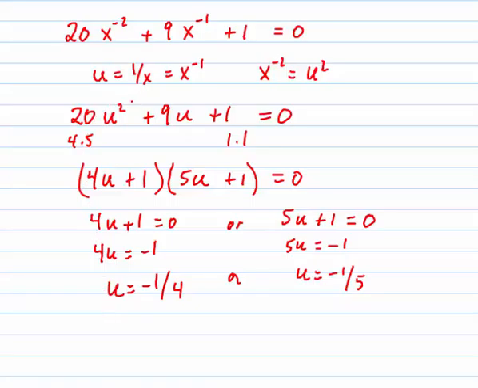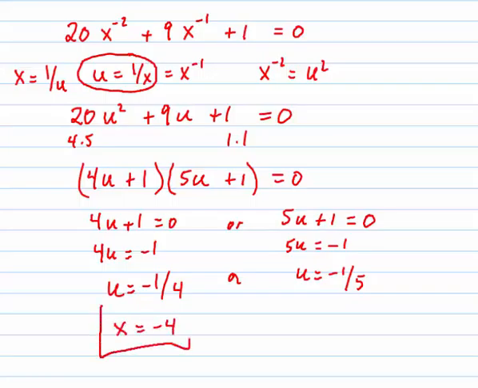But u is just equal to 1 over x. So therefore x is equal to 1 over u. So we just have to flip these, and x is equal to minus 4, and x is equal to minus 5. And you can check those answers, and they'll work.